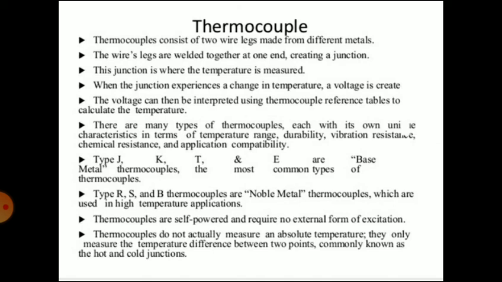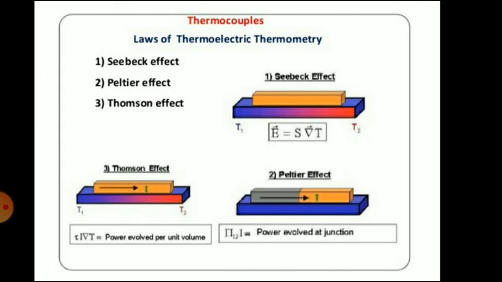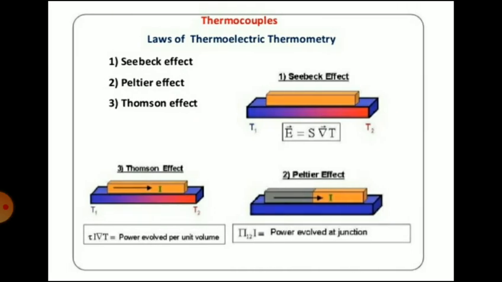When two dissimilar metals are joined together, an EMF will exist between the two points, which is primarily a function of the junction temperature. This phenomenon is called the Seebeck effect. The laws of thermoelectric thermometry: first is the Seebeck effect, then the Peltier effect, and the Thomson effect.